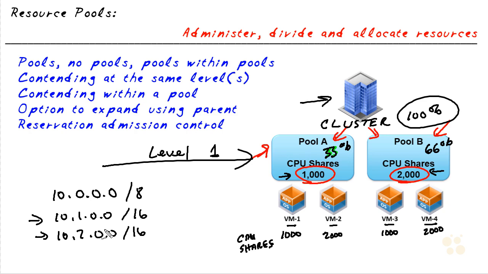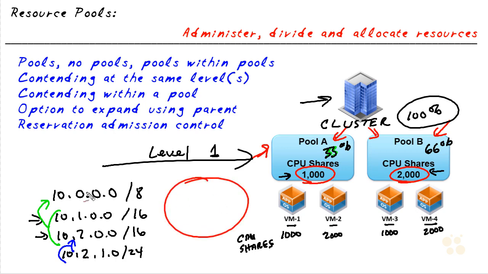And the process of doing variable length subnet masking, which is what this is, taking the larger chunk and then breaking it down into smaller and smaller pieces. So the 10.2 subnetwork, for example, we could break that down into 10.2.1.0/24. So the 10.1 and the 10.2 are both subsections of the 10 network, and the 10.2.1.0/24 is a subsection of the 10.2 network.